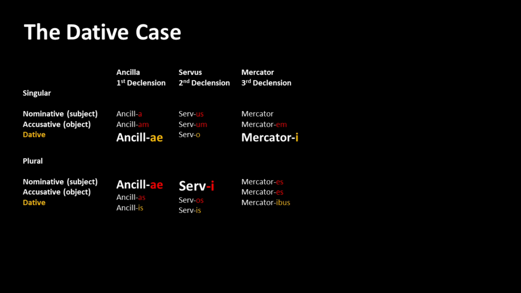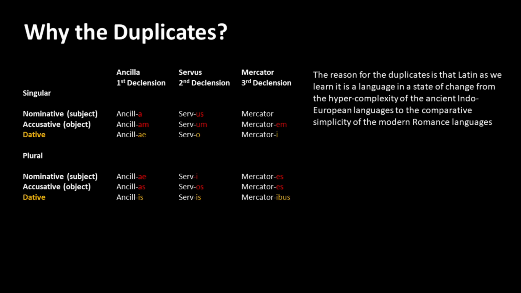Why the duplicates? The answer is that throughout its entire history as a spoken language, Latin was in a continual state of change. A state of change from the hyper-complexity of the ancient Indo-European language that is its ancestor, towards the comparative simplicity of the modern Romance languages that are its daughters, languages like French, Italian, Spanish, Portuguese, Catalan, and so on.